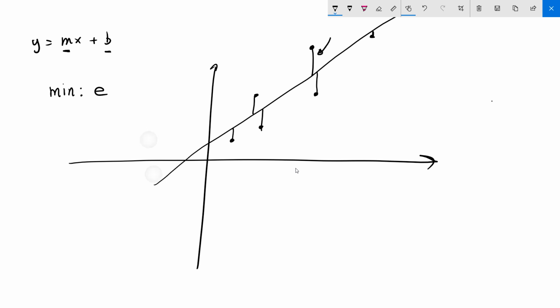You just need to add constraints that involve M and B and E in these points here. All right, I'll let you think about that offline. Are there any other questions?